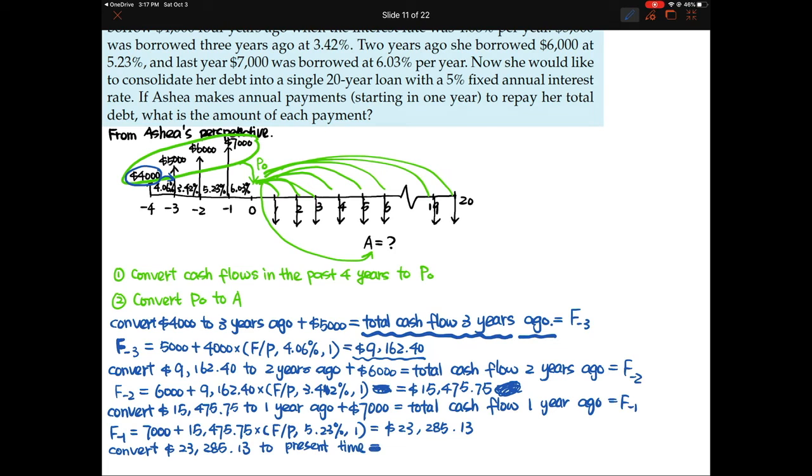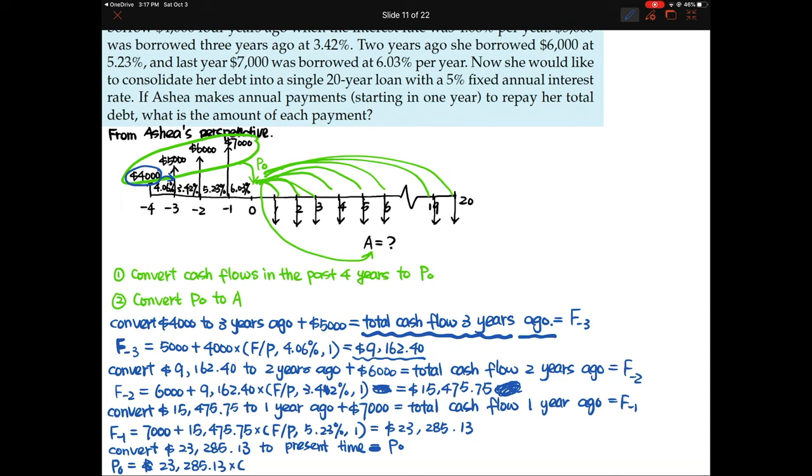So that's gonna be P0. Okay, so P0 is 23,285.13 times a factor.